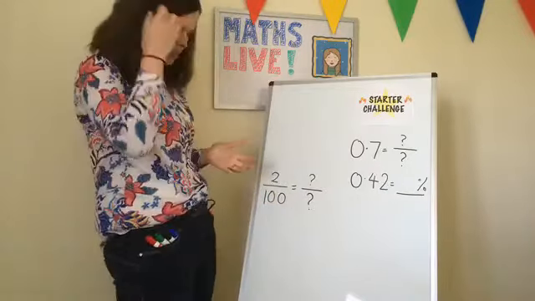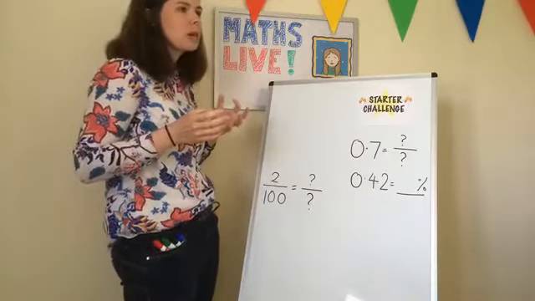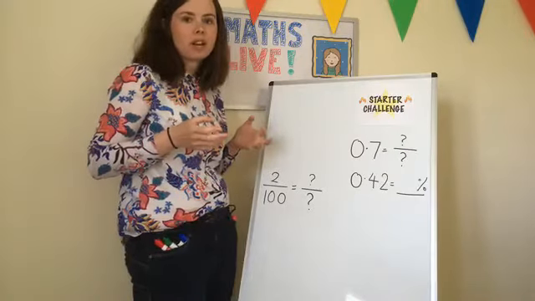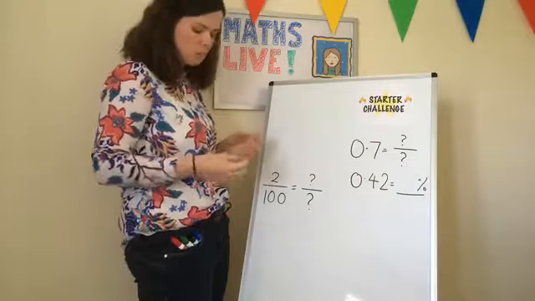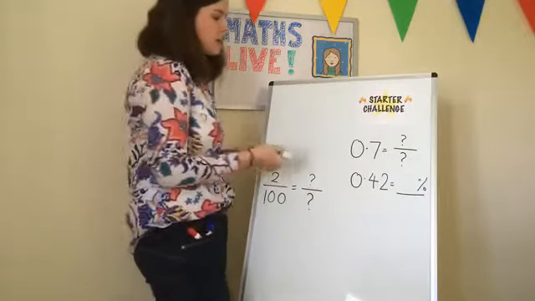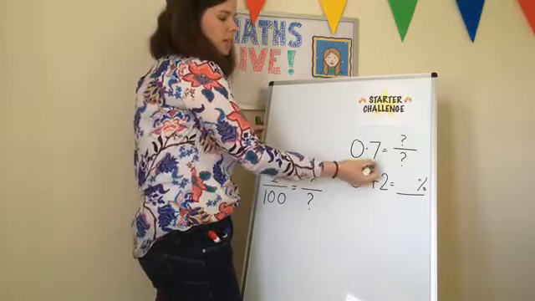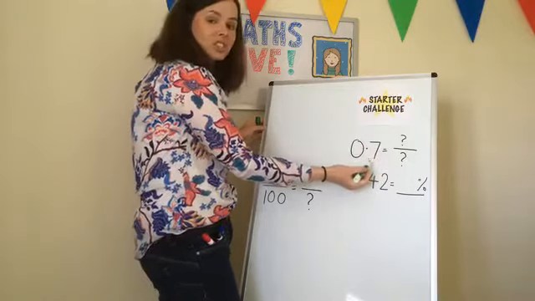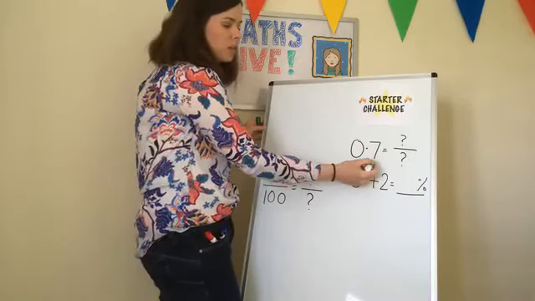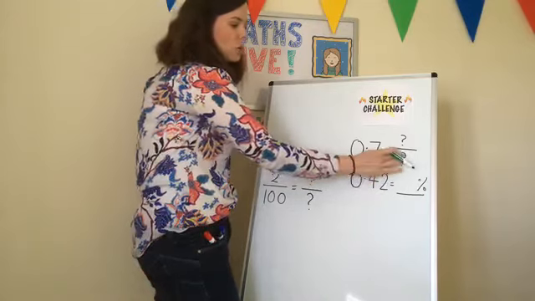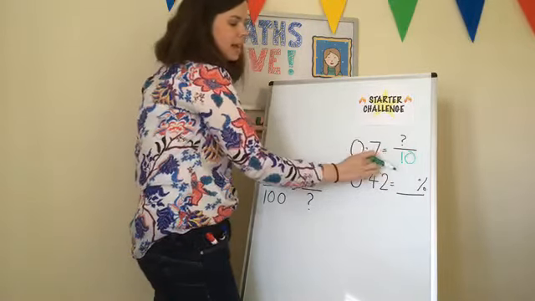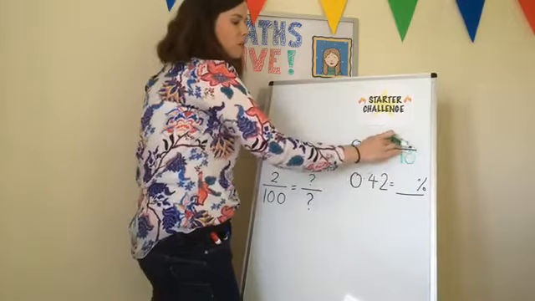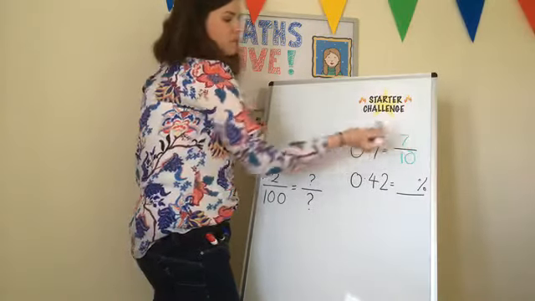Thinking back to last week, we were talking about how to convert between decimals and fractions, and we added on percentages on Friday. Remembering that if you've got 0.7, the 7 is in the tenths column, so our denominator for the fraction will be 10, and how many tenths do we have? We have 7.